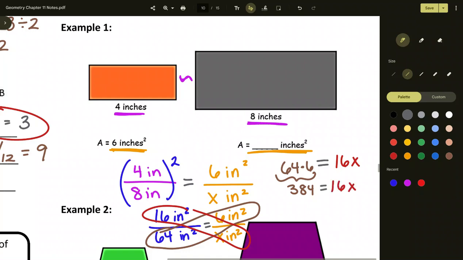Do a little mini t-chart, divide by 16. 384 divided by 16 gives us x equaling 24, which means the unknown area of this rectangle on the right is 24 inches squared.